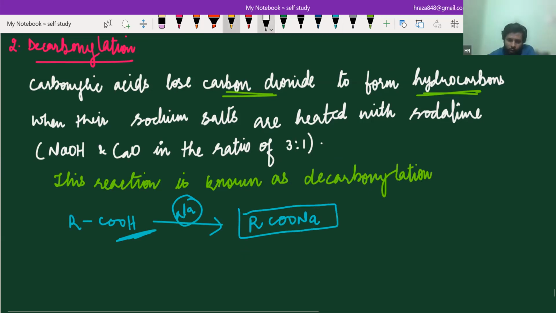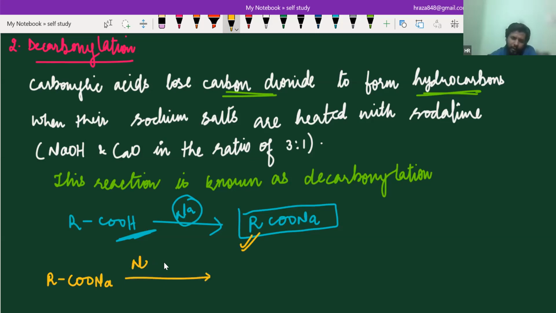Now what you need to do, you are going to use this sodium salt of carboxylic acid and react it with soda lime, that means NaOH and calcium oxide, and heat it. When you do this, this whole part will be eliminated or broken.